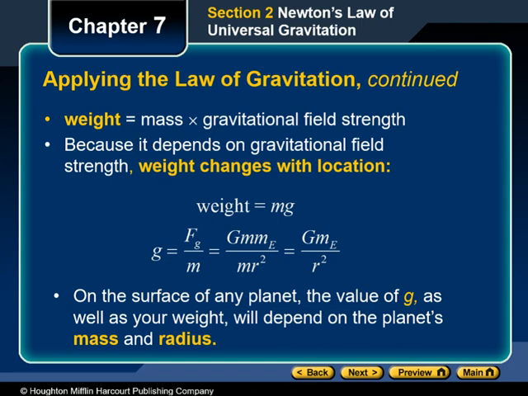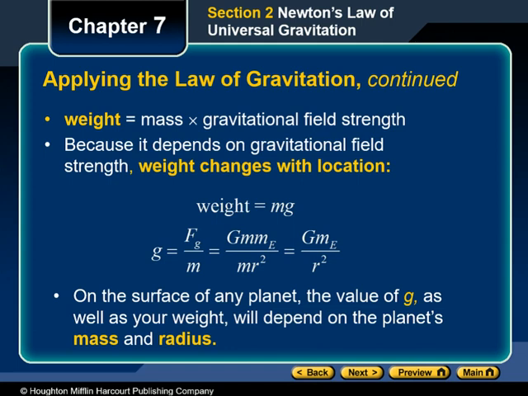For example, consider a tennis ball of mass m. The gravitational force between the tennis ball and Earth is as follows. F sub g is equal to big G m sub e divided by r squared.